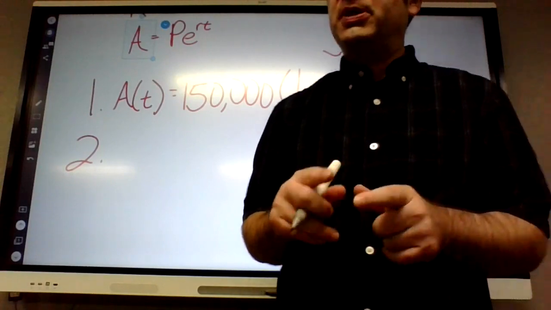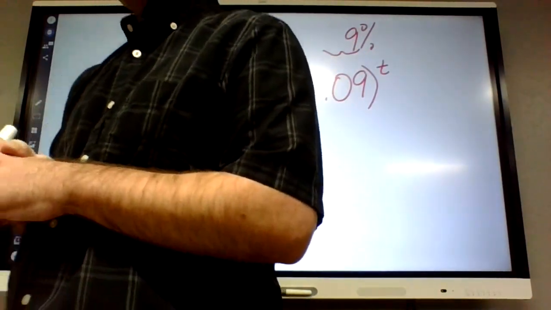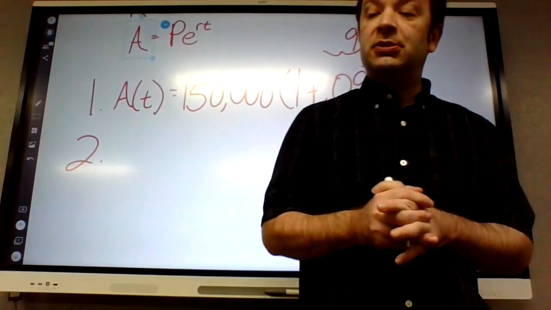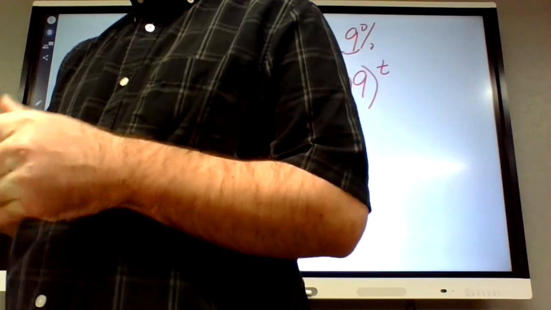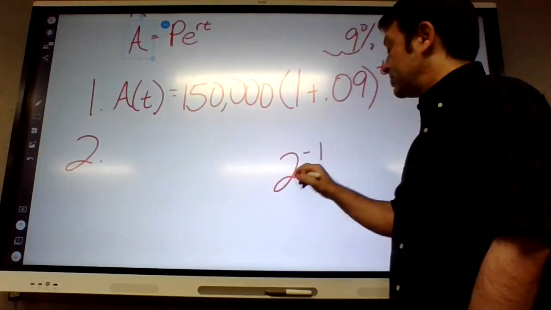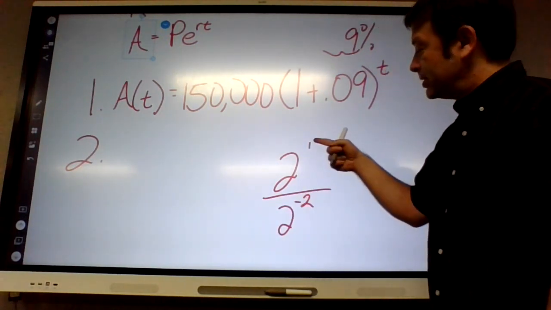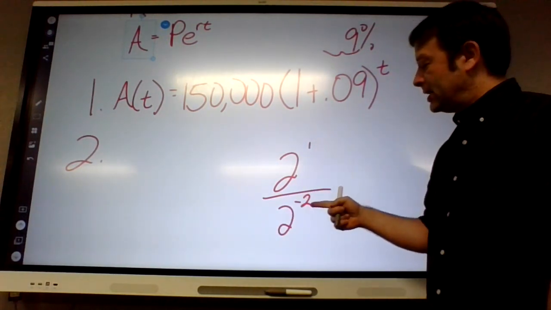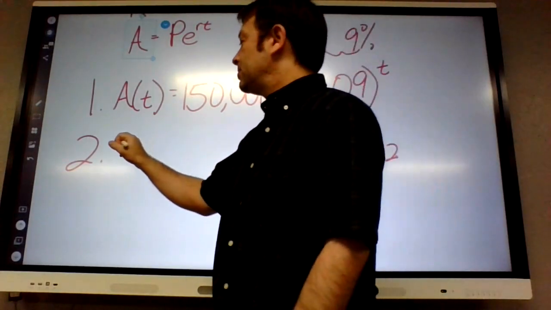When you multiply the same base, 2 times 2, you add their exponents. 5 plus negative 4 is 2 to the 1. So it's 2 to the 1 on top. When you divide by 2 to the negative 2, what do you do with those exponents? Subtract. So it's 1 minus negative 2, which is 3. So it's 2 to the 3rd.